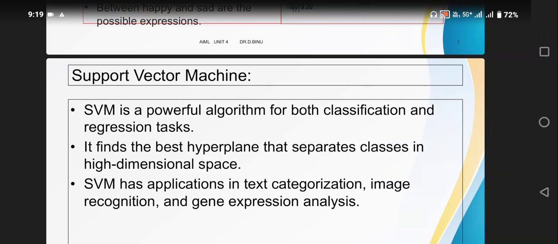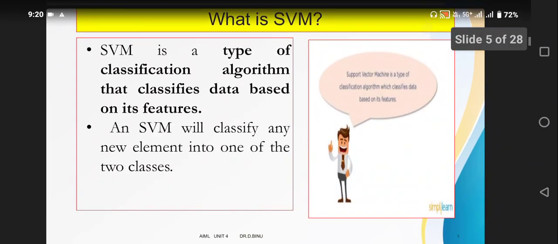It finds the best hyperplane that separates classes in high dimensional space. SVM has applications in text categorization, image recognition, and gene expression analysis. It is a type of classification algorithm that classifies data based on its features. SVM will classify any new element into one of the two classes.